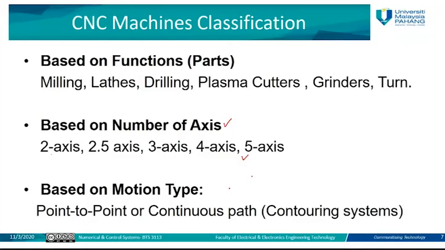For example, the first task will be at this point, the second task at that point. This we call point to point motion. Or we have paths, so sometimes you have multiple points, from point 1, 2, 3, 4, 5, 6. This we call continuous path. Later on, we will see the detail about this motion type.